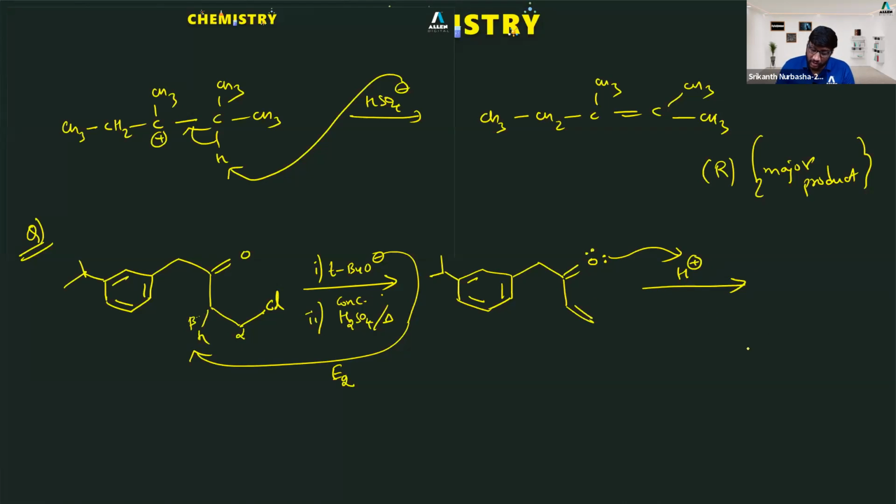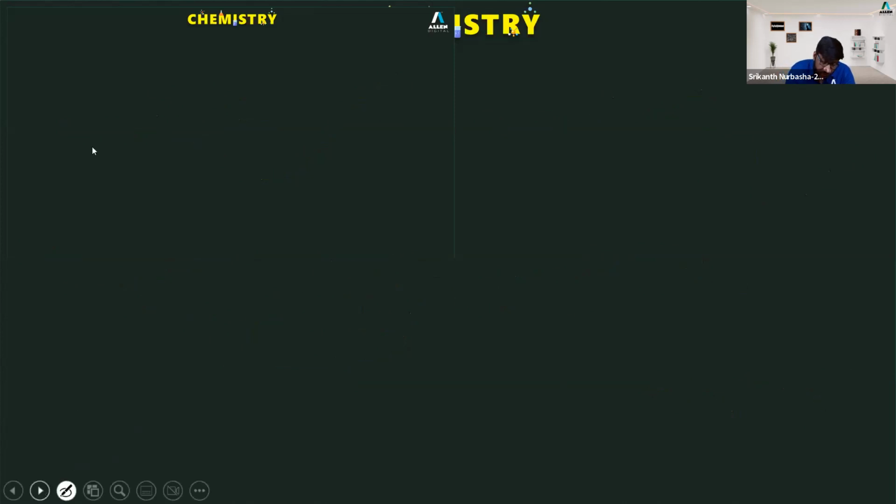So in that case, what is going to happen? You will generate a compound in this manner. We have a benzene ring substituted with the isopropyl group as well as CH2, C double bond O. Oxygen has only one lone pair, an OH bond is formed, and there is a positive charge, and you have C double bond systems. Now I'll add the respective resonating structure for that.